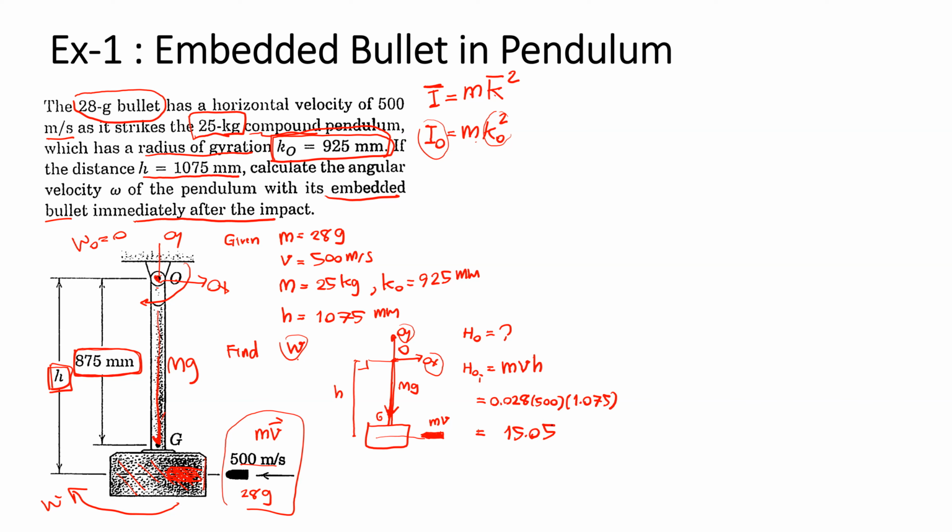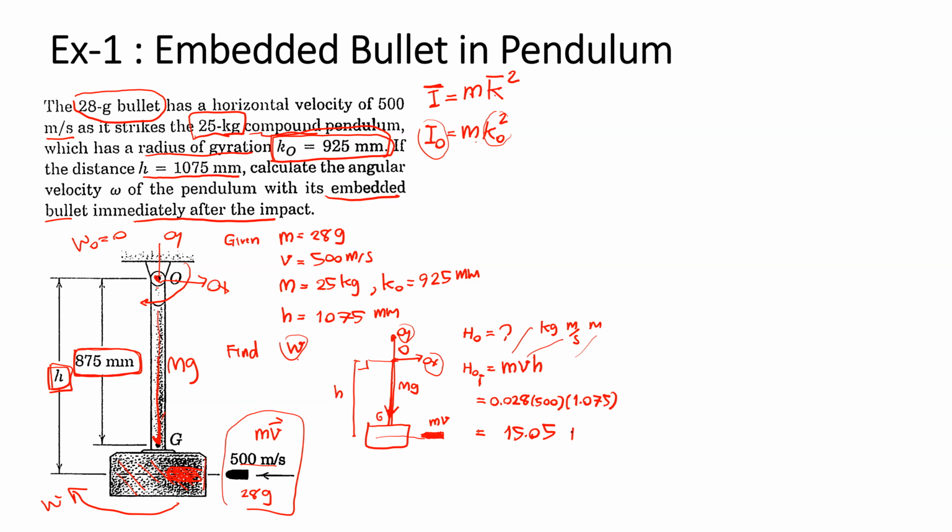What should be the unit of the angular momentum? H_O I means angular momentum about point O at initial condition. We have kilogram, we have meter per sec, and we have meter.